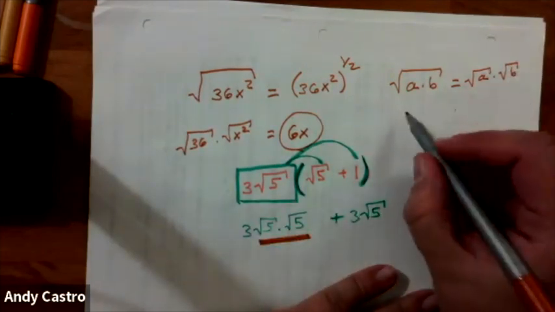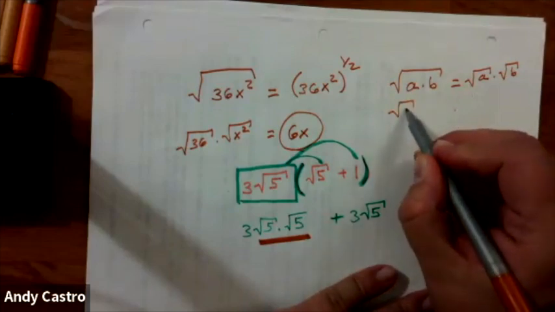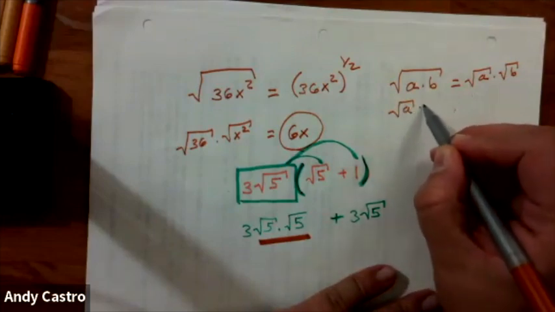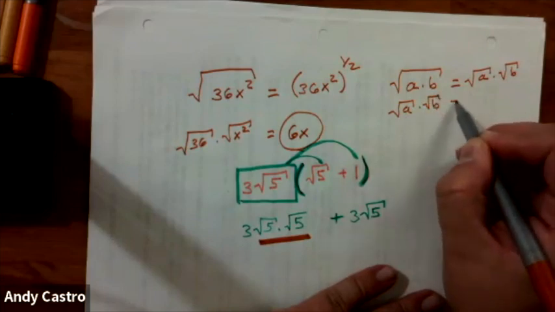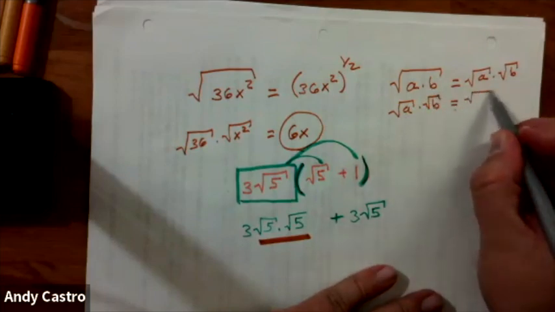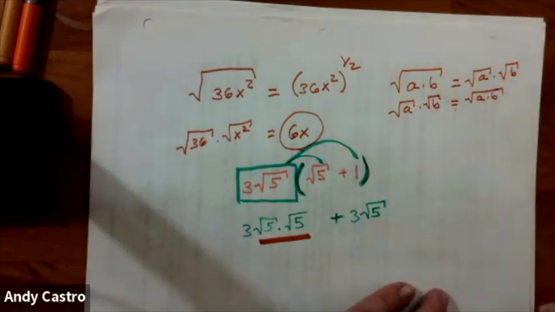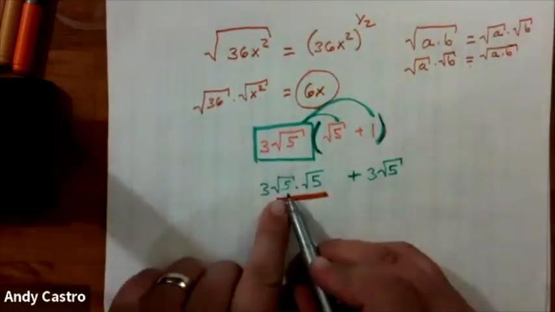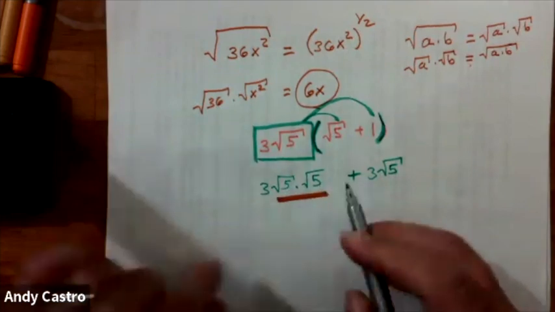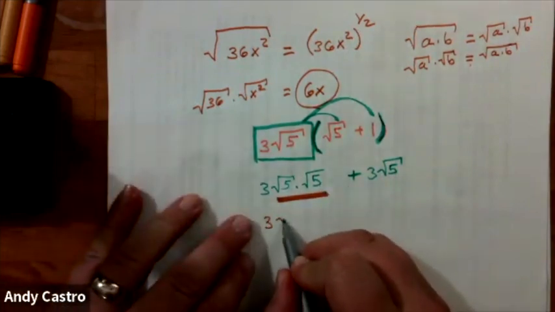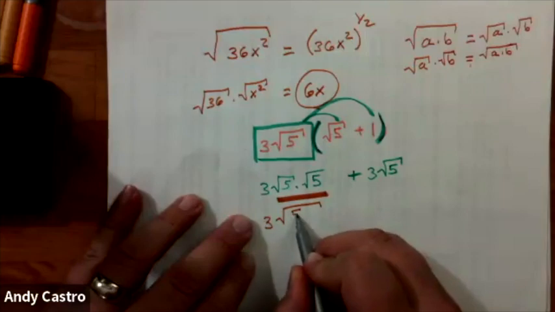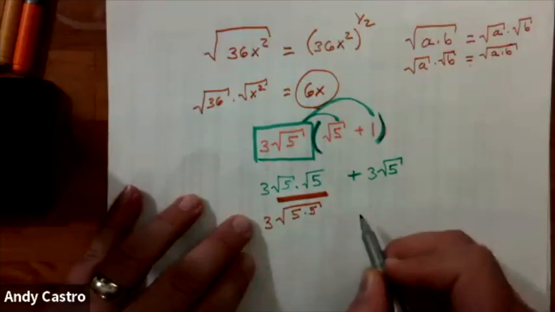But we can also apply that in reverse. The square root of a times the square root of b is the same thing as the square root of a times b. And that's what we have here. The square root of 5 times the square root of 5. Well, that can just be the square root of 5 times 5.